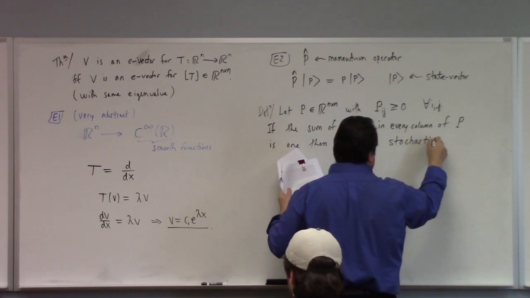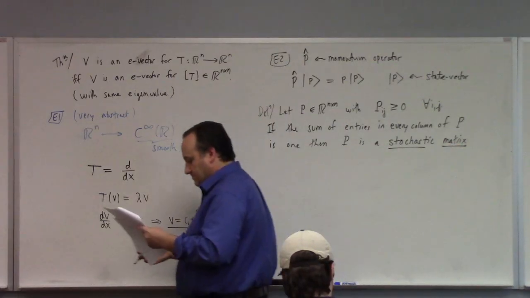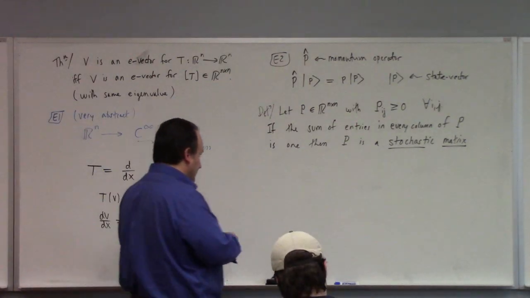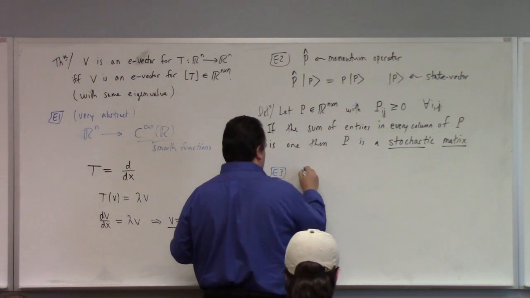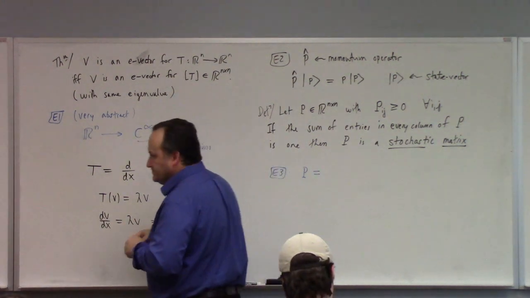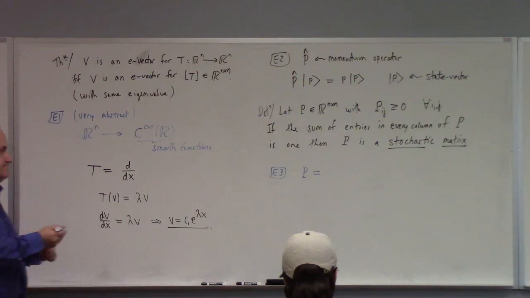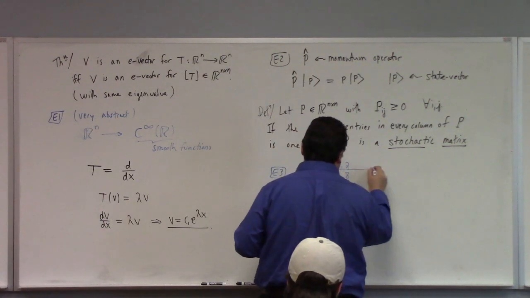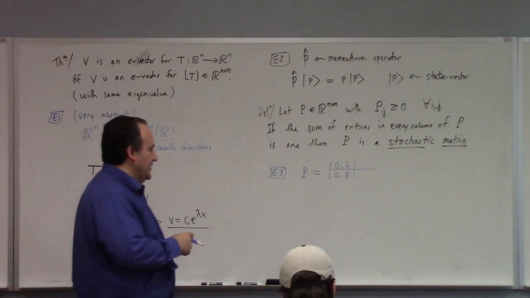So here's a new kind of matrix we haven't talked about, a stochastic matrix. An example of this: we could have P equal to first column 0.2, 0.8, the next column 0.1, 0.9.